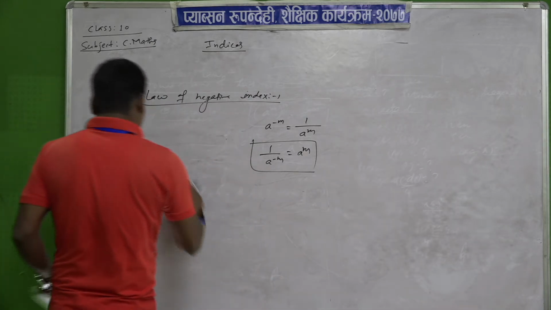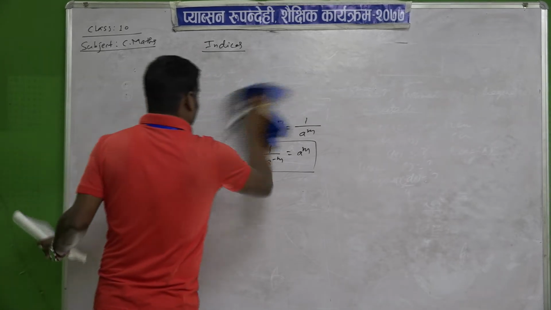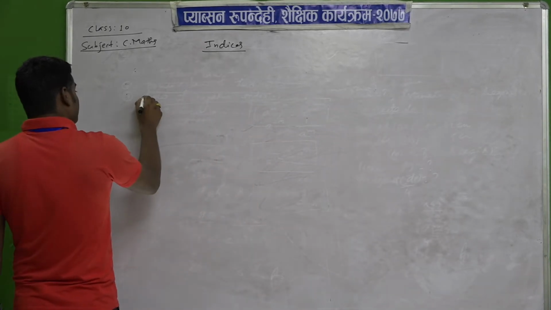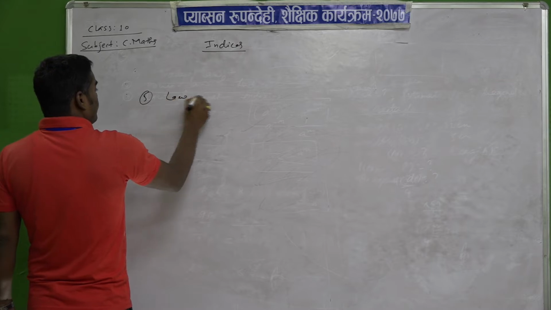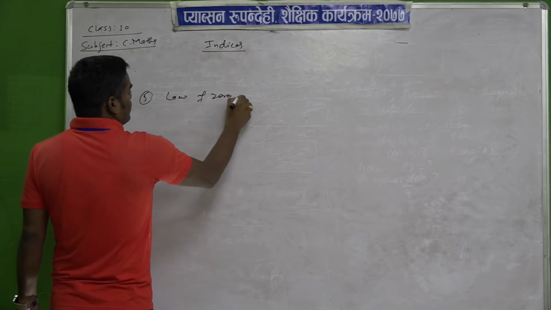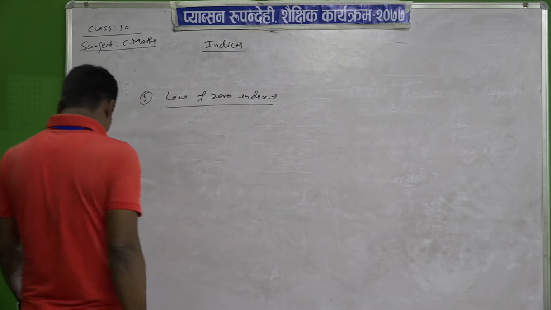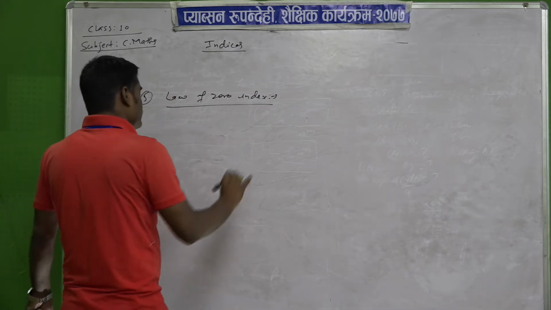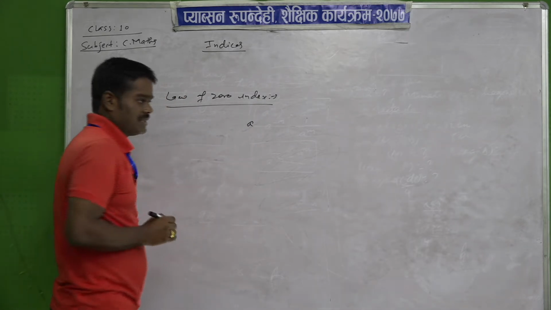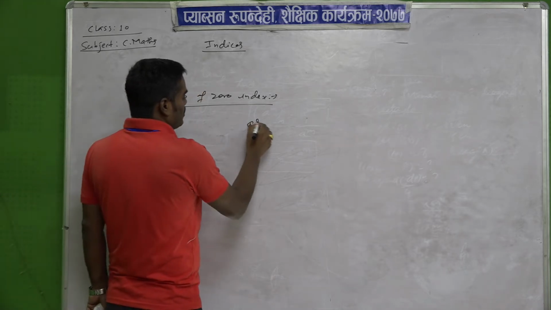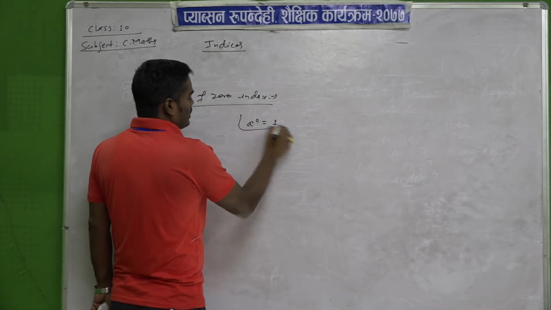And then after, law of zero index. Suppose for any base, if power is 0, what is the value? 1.